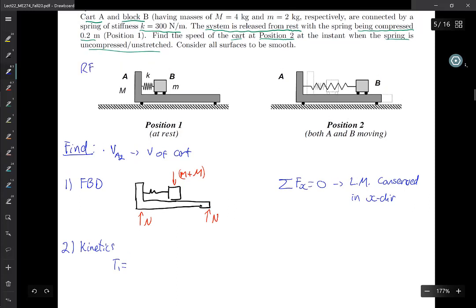The potential energy in state 1 is equal to the energy from the amount of compression that we had. We don't have a change in height, so there is no gravitational energy involved. Then in state 2, we have two masses.